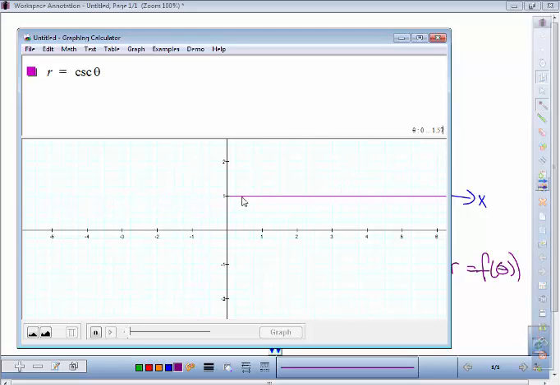From 0 to pi, it looks like it goes this way. Interesting. Okay? So with your actual handheld graphing calculator, you can use that little circle tracer to draw this out to see where the values would be for different values of theta. I'm not going to do that right now, but you guys can try to figure that out.